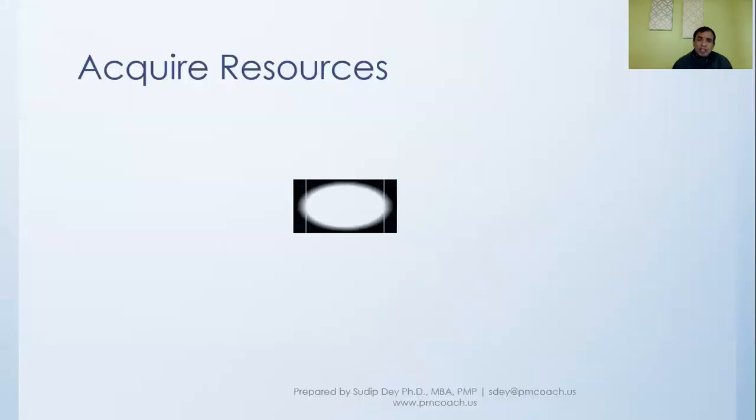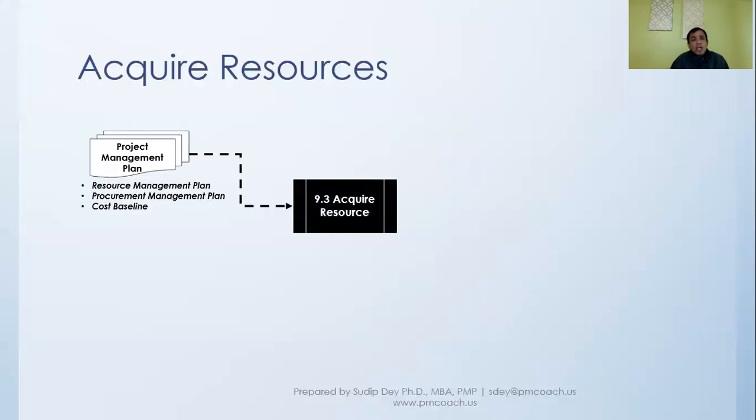Acquire resources, if you look at the data flow, what is happening in acquire resources: we will have input from the project management plan, and more specifically the resource management plan that we have drawn up when we planned resource management. And we'll also have input from the procurement management plan, which we'll look at in a subsequent knowledge area. That's because we will be acquiring resources.